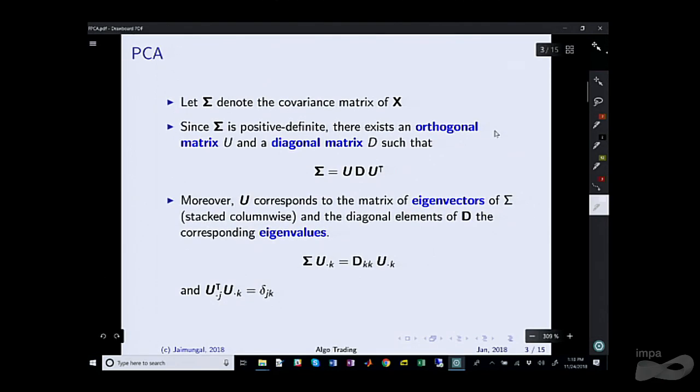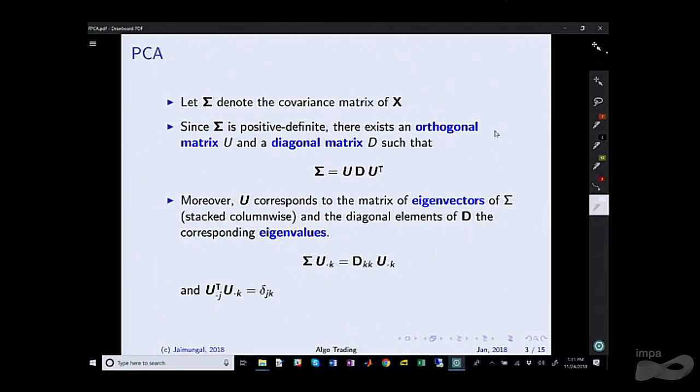The quick little result that shows this is, say, suppose sigma is this symmetric positive definite matrix, then we can find an orthogonal matrix U and a diagonal matrix D, such that sigma equals UDU transpose, and D has elements that are strictly positive. And the way to find it is simply by solving this eigenproblem.